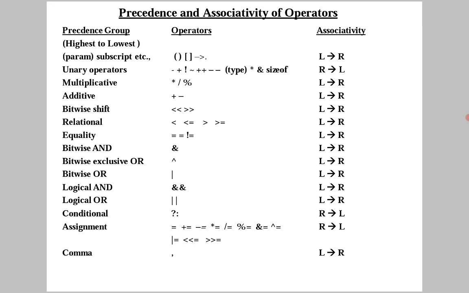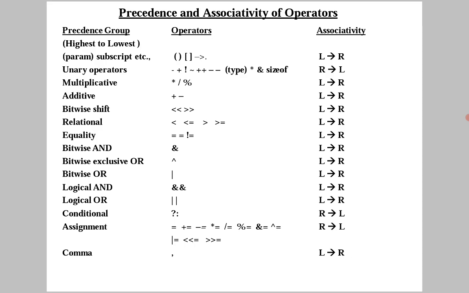According to the BODMAS rule, the expression written within the brackets is executed first, then outside the brackets. Generally, these expressions are evaluated from left to right. So the highest precedence is given to brackets. There are different types of brackets used, like ordinary brackets, square brackets, curly brackets, like that.